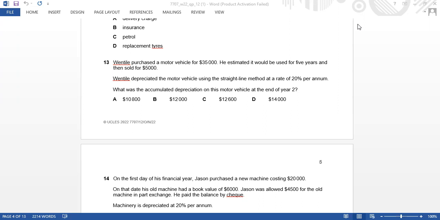That means in year 1 we'll have a depreciation of 6,000, and at the end of year 2 we'll also have 6,000, but the total depreciation of year 1 and year 2 will be 12,000. So for question 13, the answer would be B, 12,000.